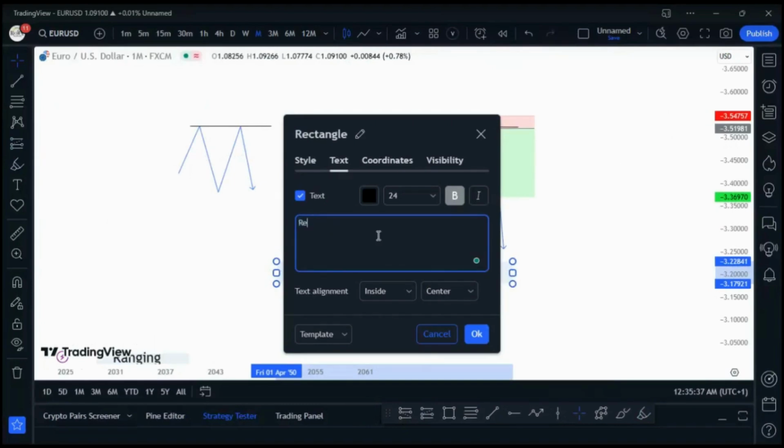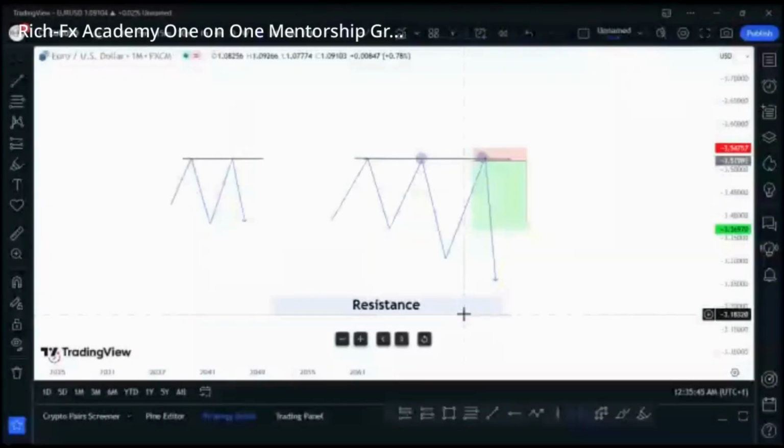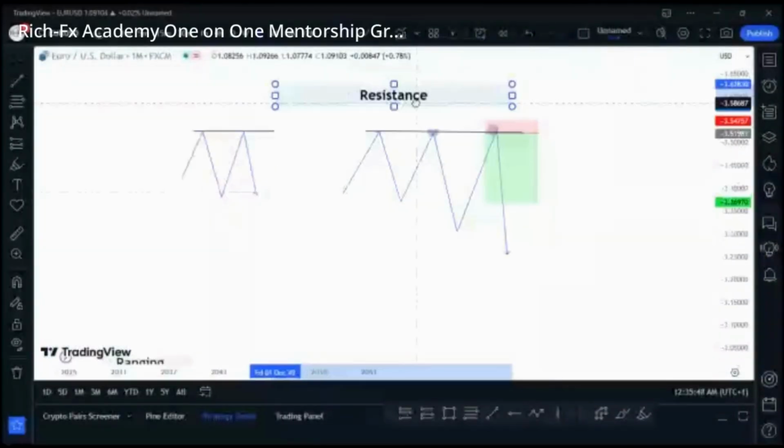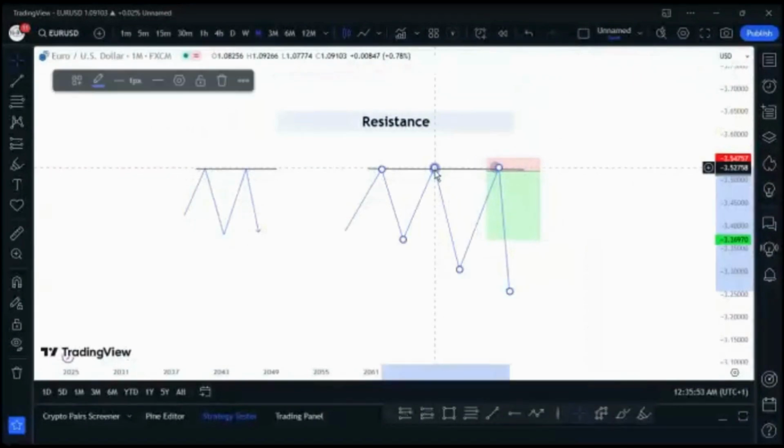Resistance is the opposite of support. So when we're talking about resistance, it means that there is a certain level the price gets to, but fails to break above that level, and that level is seen as a resistance. So let's do it again, guys.